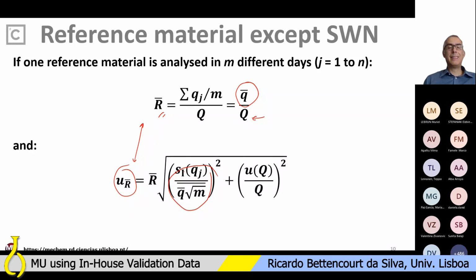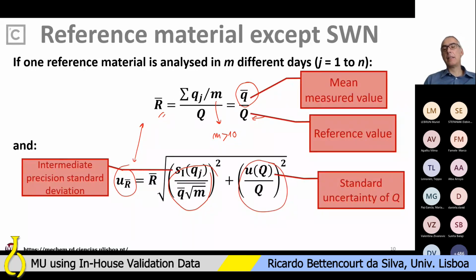So let me repeat, this is the relative standard deviation of the mean under intermediate precision conditions. And typically you perform more than 10 measurements, m larger than 10, and you can estimate the standard deviation directly from your measurement results. And this is the relative standard uncertainty associated with the reference value, as you can see from the slide.